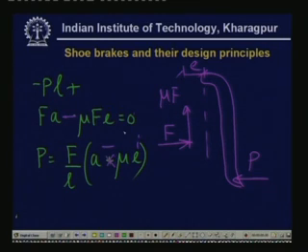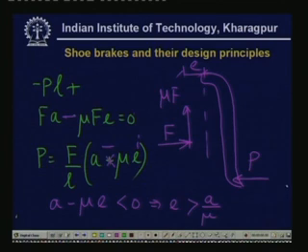Now what is expected is that if A minus mu E is less than 0, that is if E is greater than A by mu, then what happens? Then P becomes negative. F cannot be negative because F is the normal force and that must act on this lever. So if E is greater than A by mu, then P is always negative.